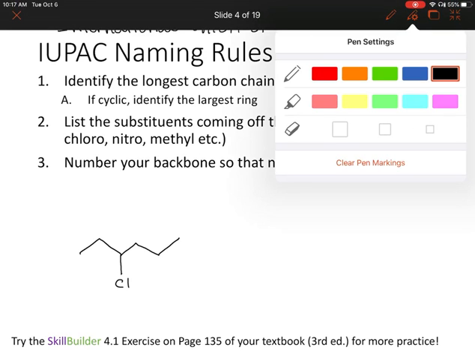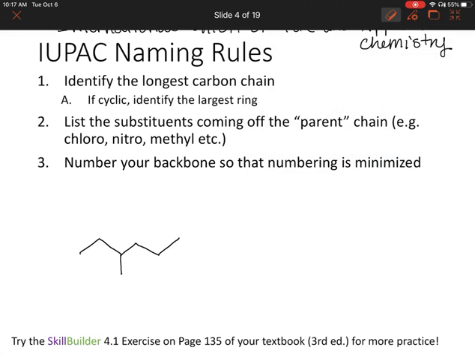Okay, so let's start with that. Let's just erase that chlorine. It's now a carbon bonded to 3 hydrogens. So let's identify our longest chain. I'm going to start from left to right. So let's just start numbering.